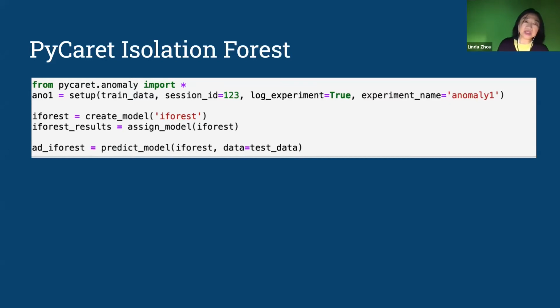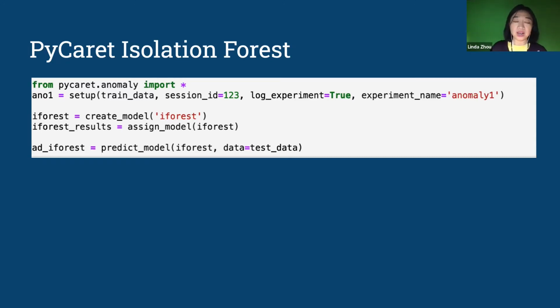PyCaret also has isolation forest. But if you look at it, the code itself is very different from when you use Scikit-learn or PYOD. They build a completely different library than Scikit-learn. So if you use PyCaret, you are committed. It's harder for you to change your code if you don't like the library.